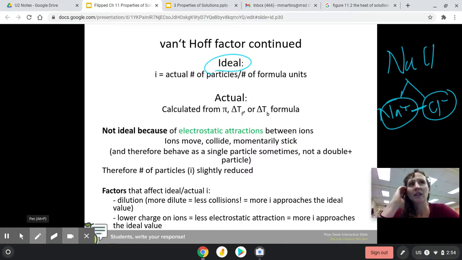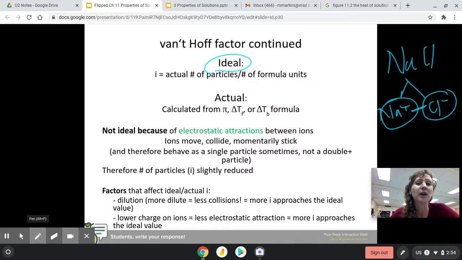So try to think about a couple circumstances. What could we do to a solution to make the condition extreme so that these electrostatic attractions start happening more and more? One way we could do this is by increasing the concentration.